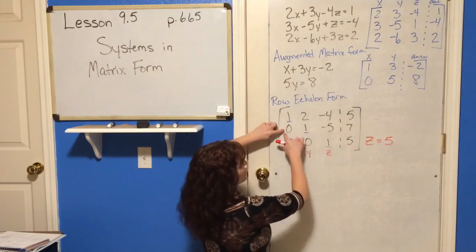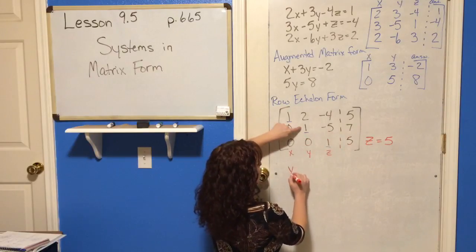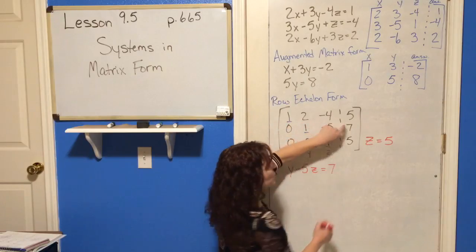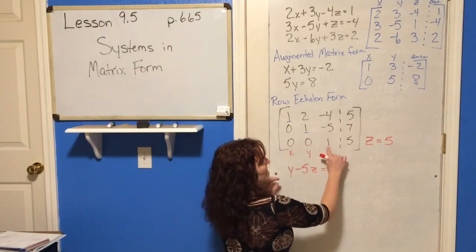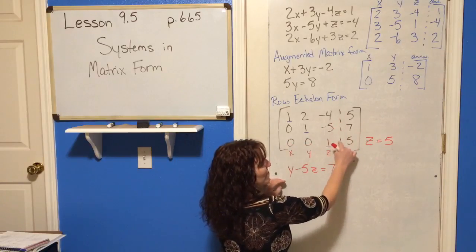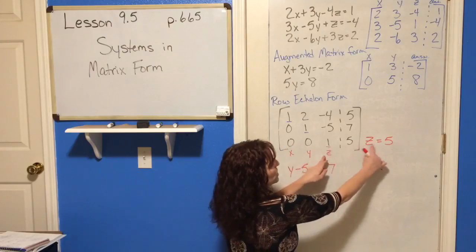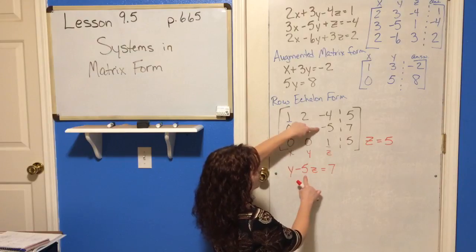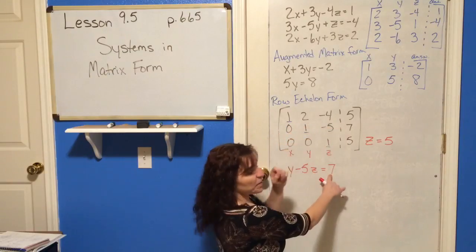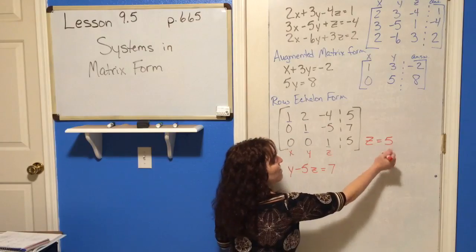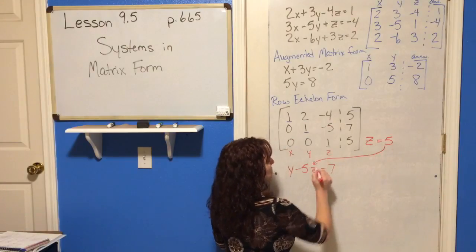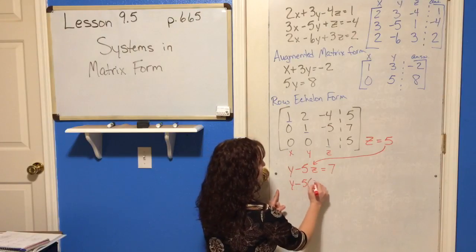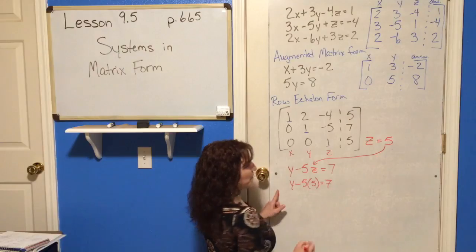This equation says there's 0 X's, there's 1 Y, so Y minus 5Z equals 7. Do you see where I'm getting these numbers? This dot, dot, dot is the equal sign, and there's no X and no Y. So this one is, there's no X, Y minus 5Z, there's your equals, 7. We already know that Z is 5, so we're going to put that in right here into the Z. So Y minus 5 times 5 equals 7.